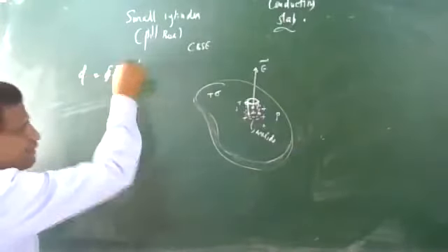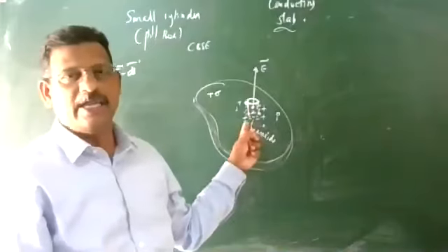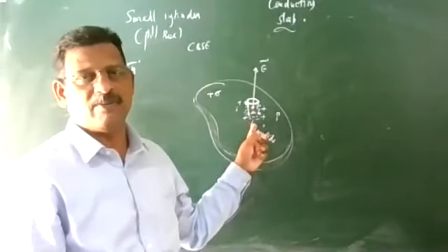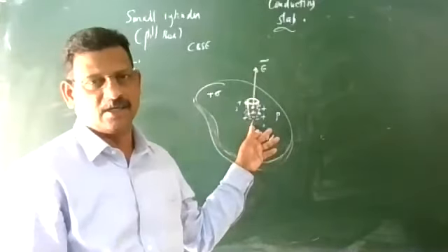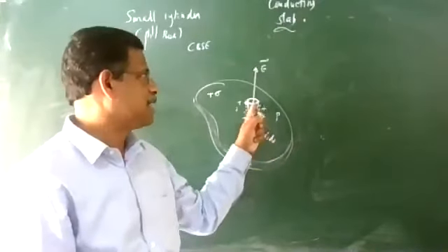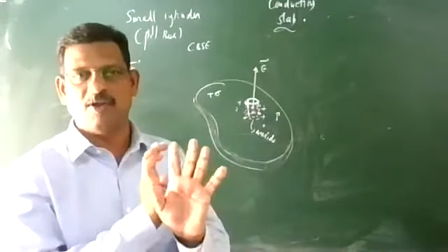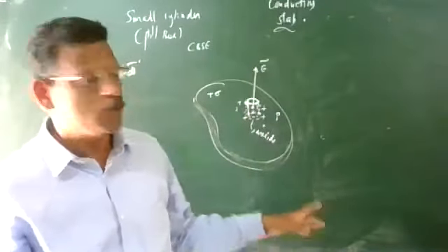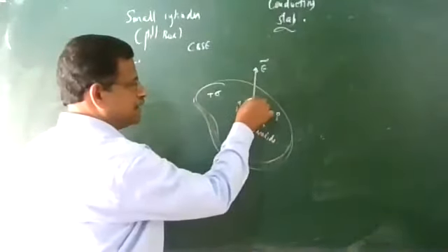There are three surfaces; I am not going to write all three. Inside the conductor the electric field is zero, so no flux through the end face inside the conductor. On the curved surface, electric field and ds are perpendicular, so there is no flux there either. The flux goes only through the end face which is outside the conductor.